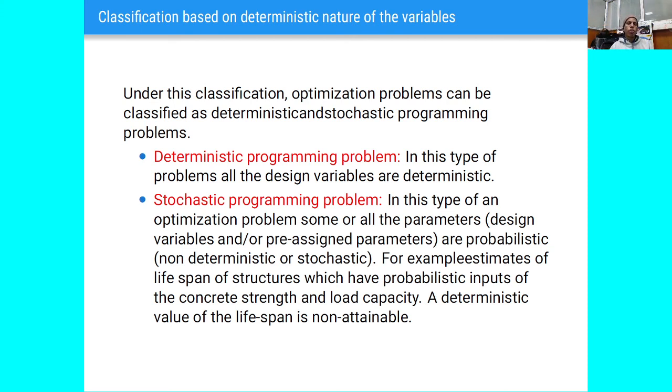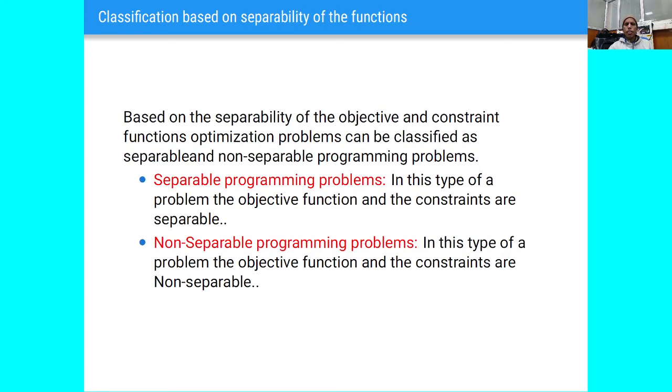Those types of problems are called stochastic programming problems. We will take up problems based on this classification also. Then we have the next classification, based on the separability of the function. Under this we have separable programming problems and non-separable programming problems.